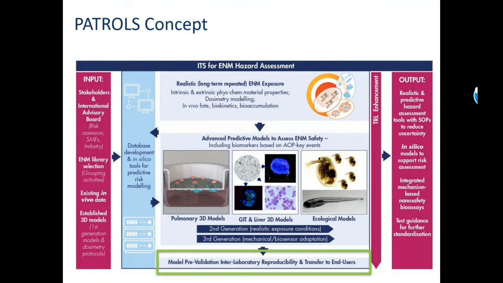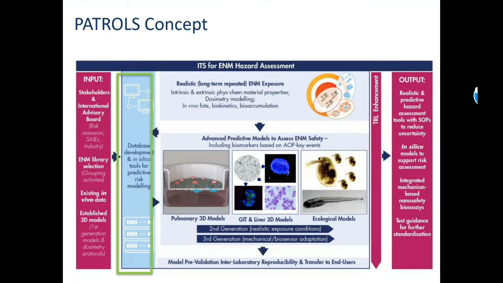One of our just recently started tasks is also to do some laboratory round-robin tests to see how reproducible the assays are that we develop. And as said, we closely collaborate with a work package which is focusing more on the in silico tools for predictive risk modeling.